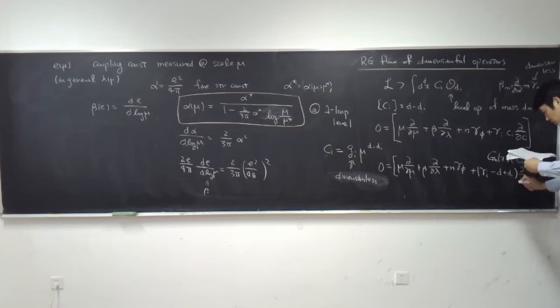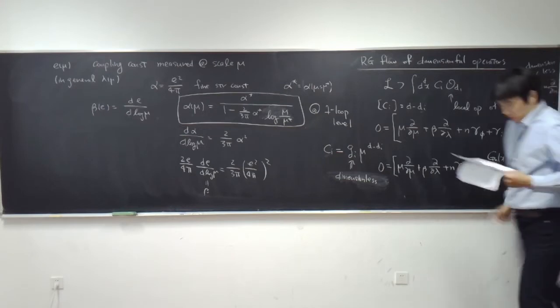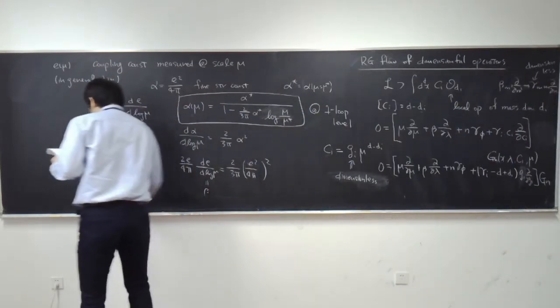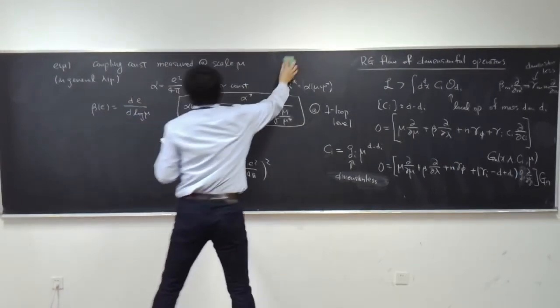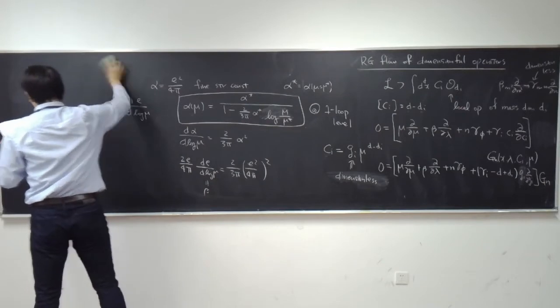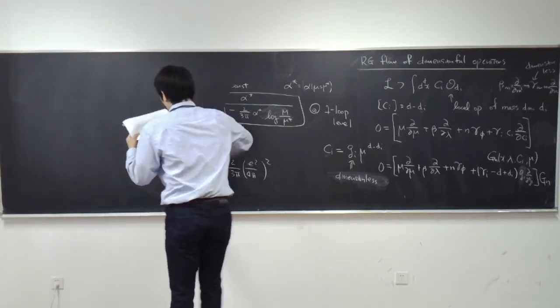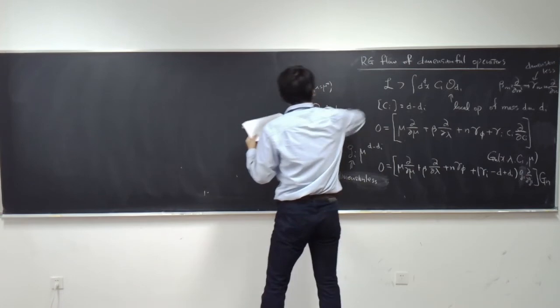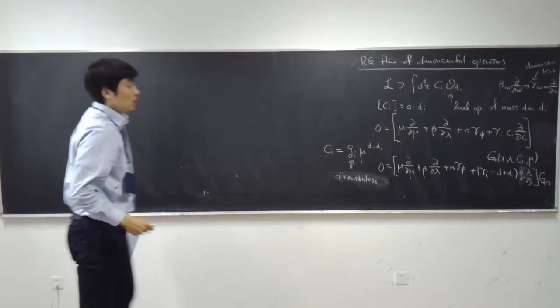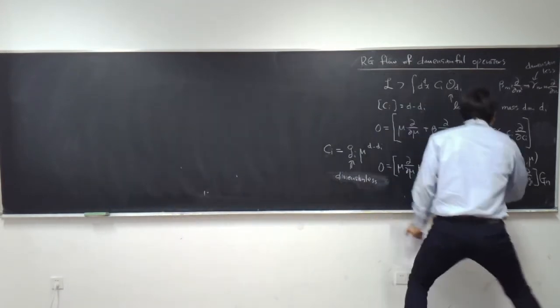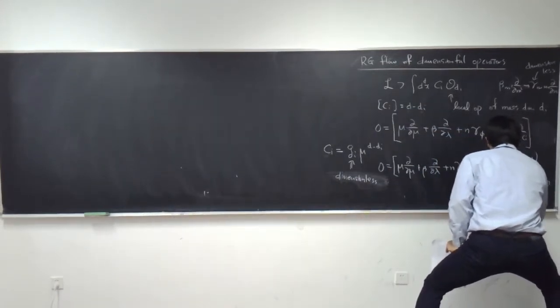Partial Gi acts on Gn. And then you can just write down this one is beta Gi.